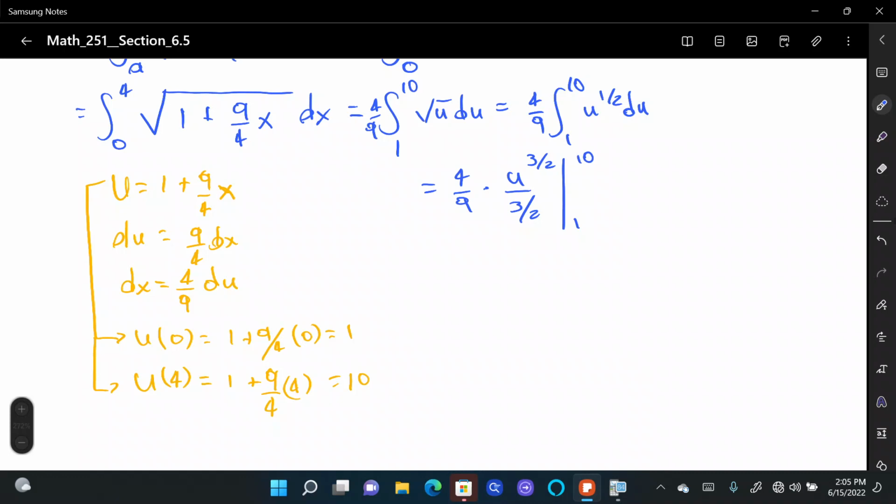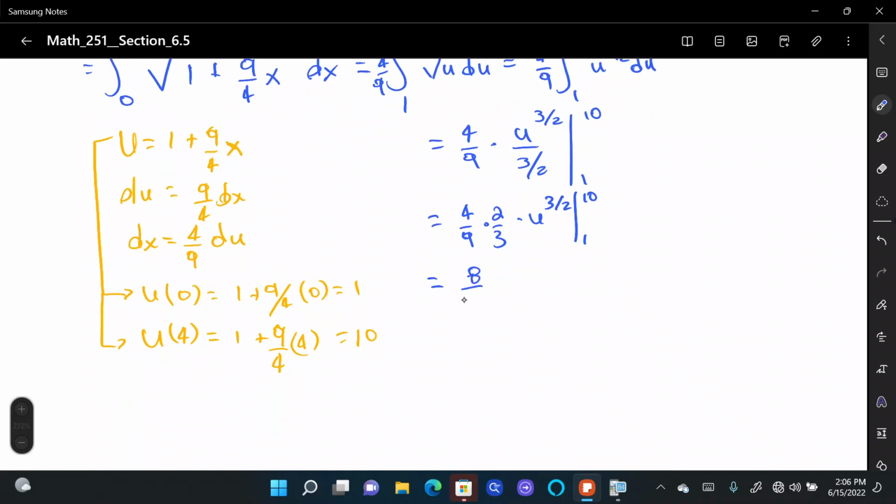Okay, so dividing by a fraction is the same as multiplying by the reciprocal. 4/9 times 2/3, and that's u to the 3/2 evaluated from 1 to 10. And well, so 4 times 2, that's 8. 9 times 3, is that a 27?